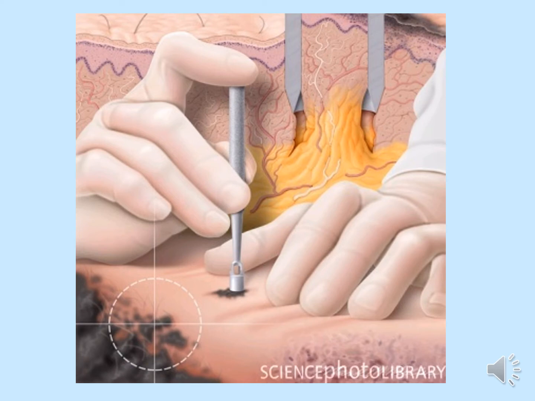So if you look at the upper left corner, then you are seeing that the blades are going through normal tissue as well as abnormal tissue, which is the aim of doing a biopsy, right.